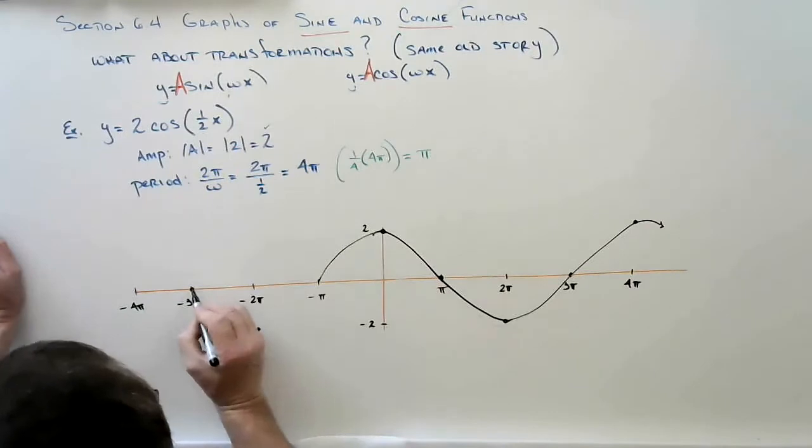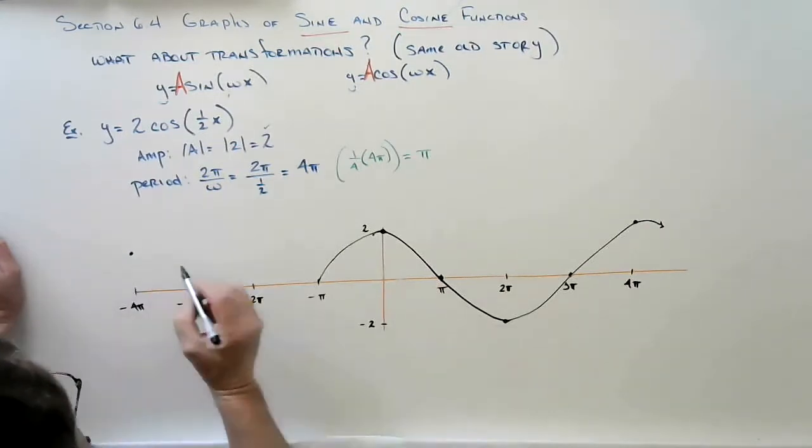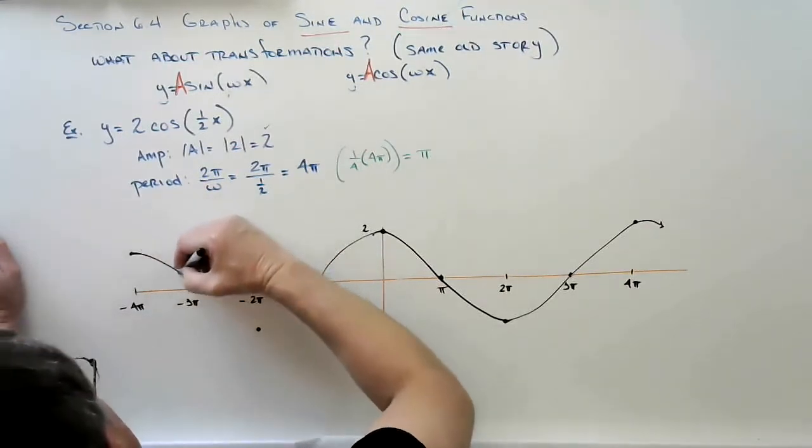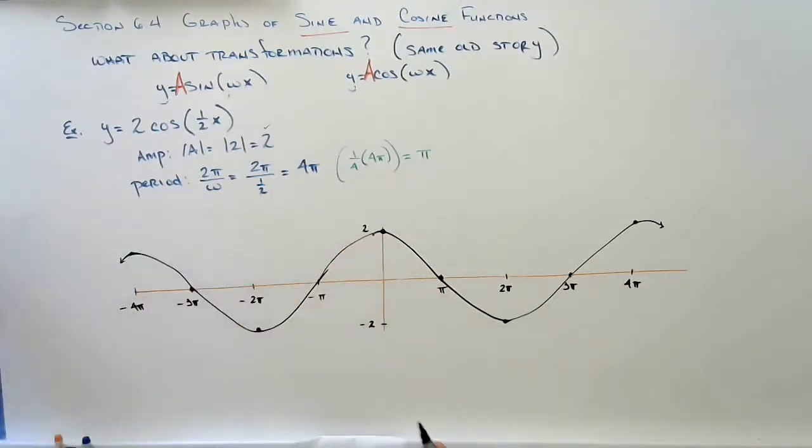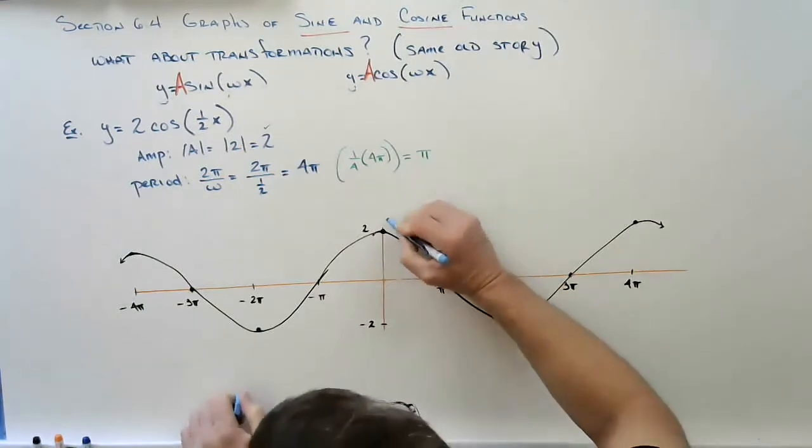It's right here, it's right here, and it's right here. And now we've got our cosine curve. All we have to do is make these 4 hash marks, figure out where we start, put our dots down, and we're done.